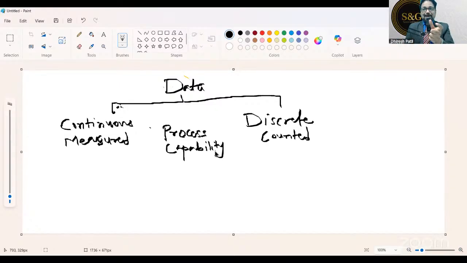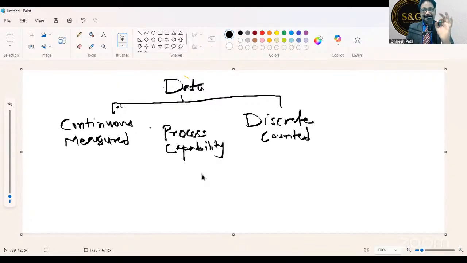That 6 number is a sigma number, and the standard deviation is also a sigma number. Give me yes in the chat box if you remember the Monday session. That Z calculation is also a process capability calculation. When we say 6 sigma, that 6 number is a process capability number. When I say my process is a 5 sigma process, that 5 number is a process capability number.